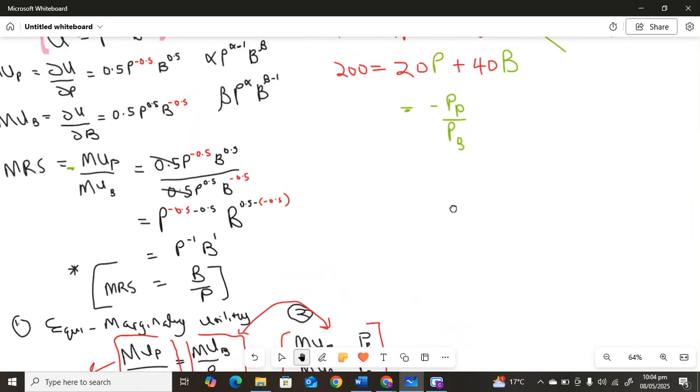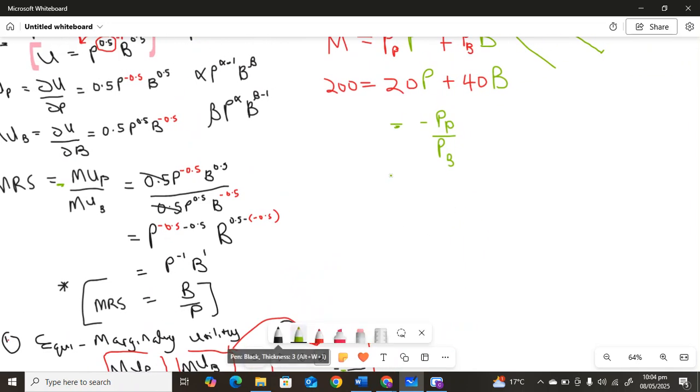But here for now, our slope is going to be price of pork, 20, over price of beef, 40.